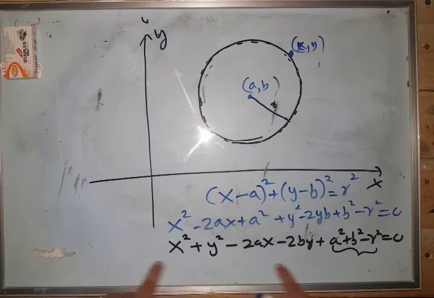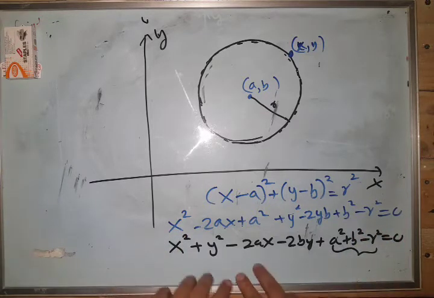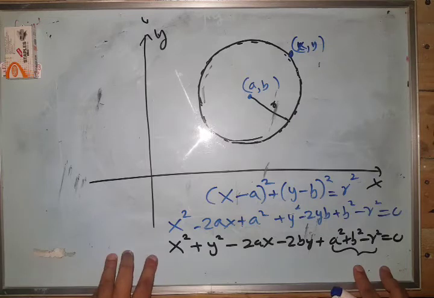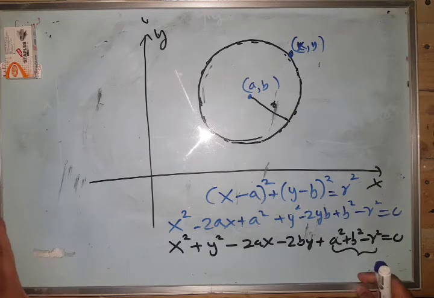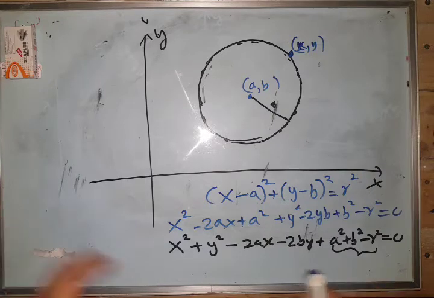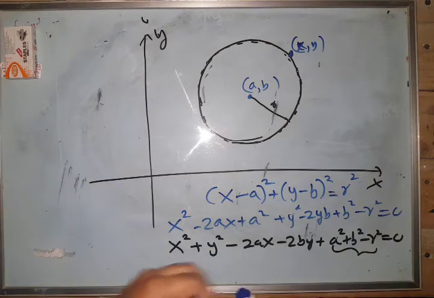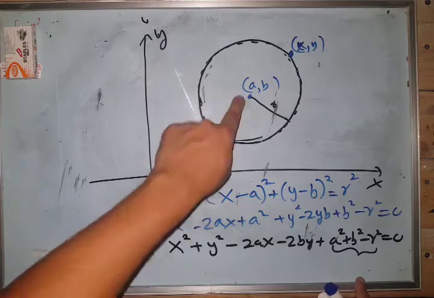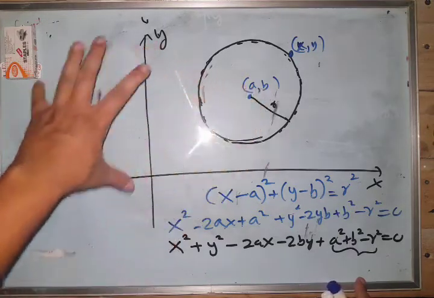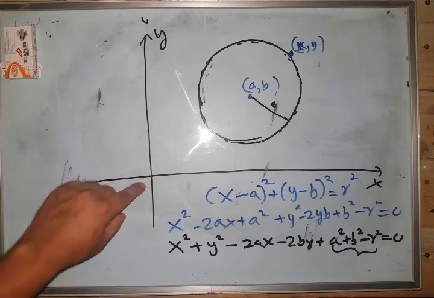So if you see a characteristic equation like this, you would know definitely that the locus of this expression would represent a circle. Let's see if we can obtain the previous equation by substituting 0 comma 0 for a and b, because in the previous video we were looking at a special case where the center is at the origin.